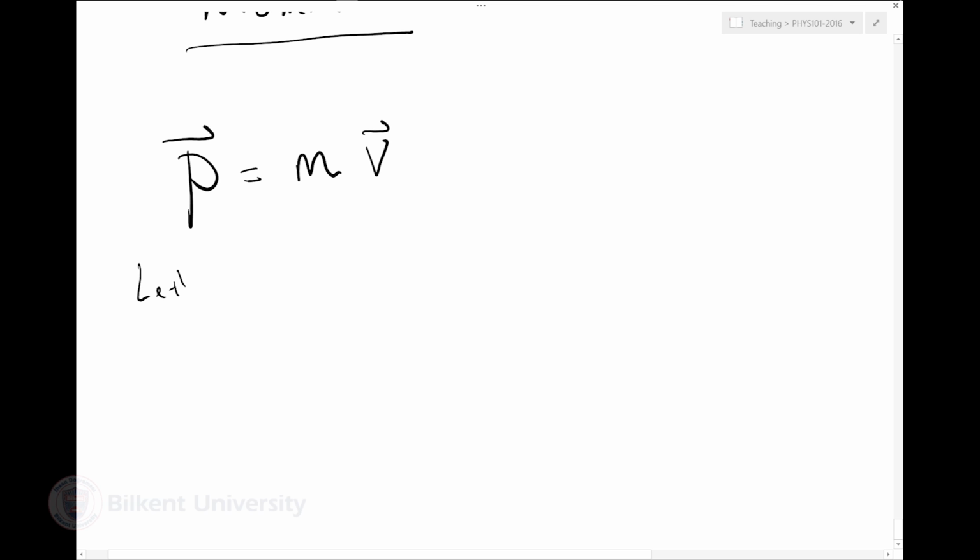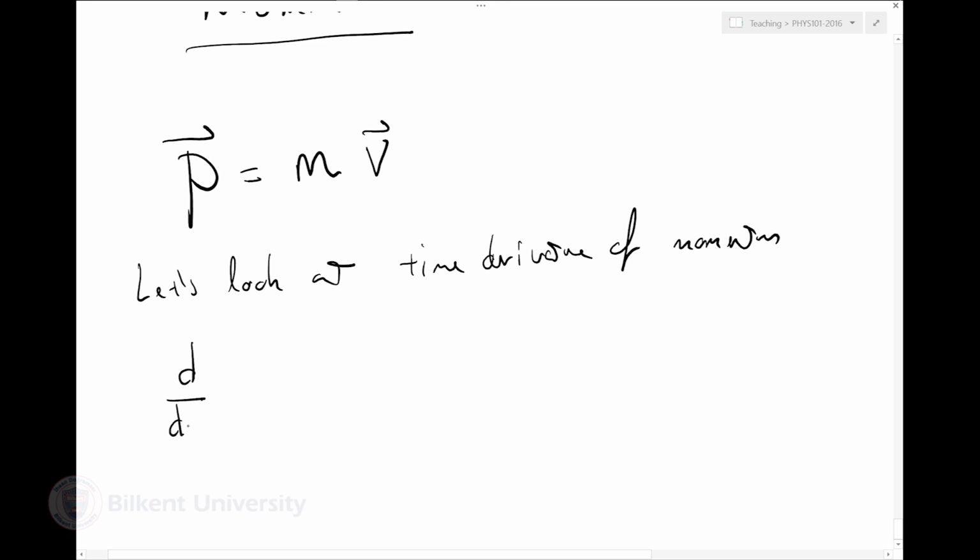Let's look at the time derivative of momentum. So I would like to calculate dp/dt.